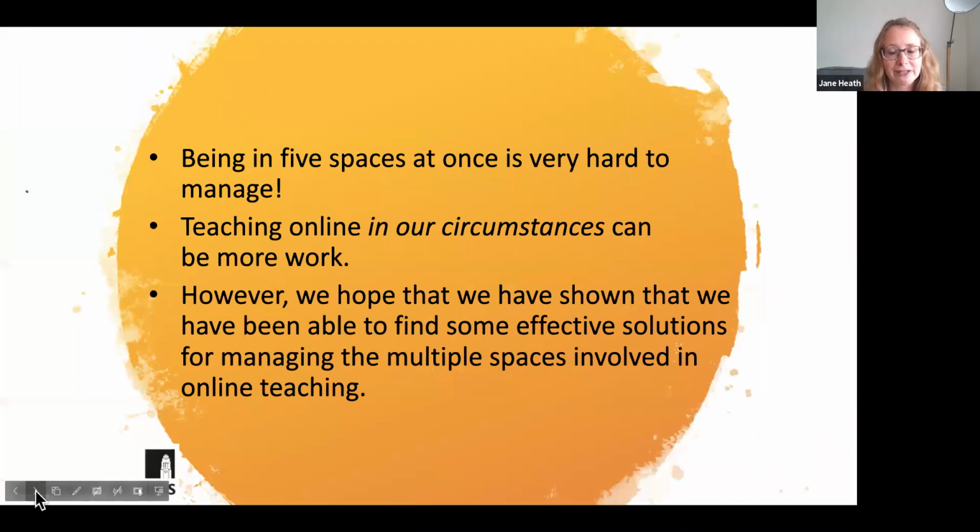And then moving on back to Denise for the conclusion. So our conclusion, I think we may have persuaded you that it's actually quite hard to manage being in at least 5 spaces at once, especially in a sort of emergency situation as we were back in the spring.